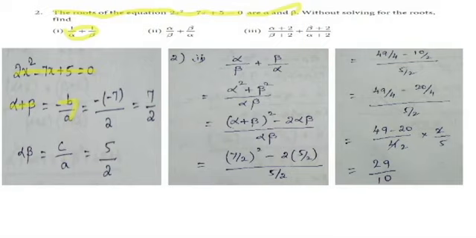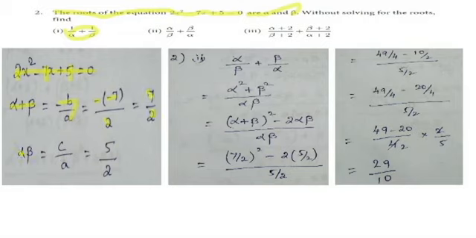So alpha plus beta is equal to minus b by a. So here a is equal to 2, b is equal to minus 7 and c is equal to 5. We are going to substitute these values. So minus b, minus of b value is minus 7, and divided by a is nothing but 2. So minus into minus becomes plus, so it is 7 by 2.